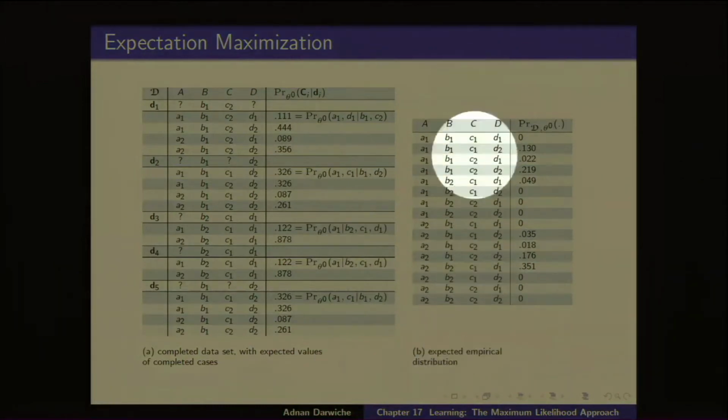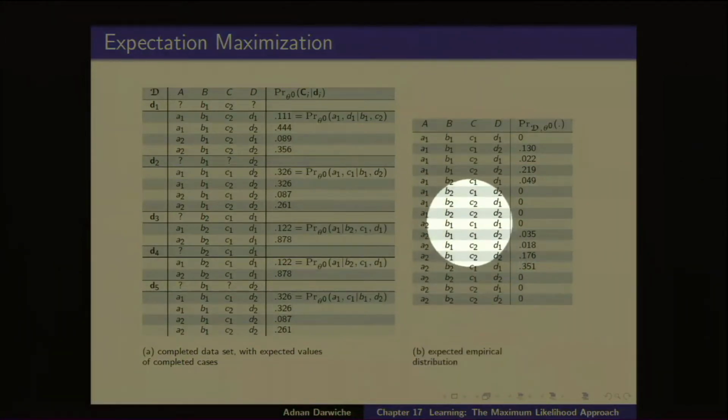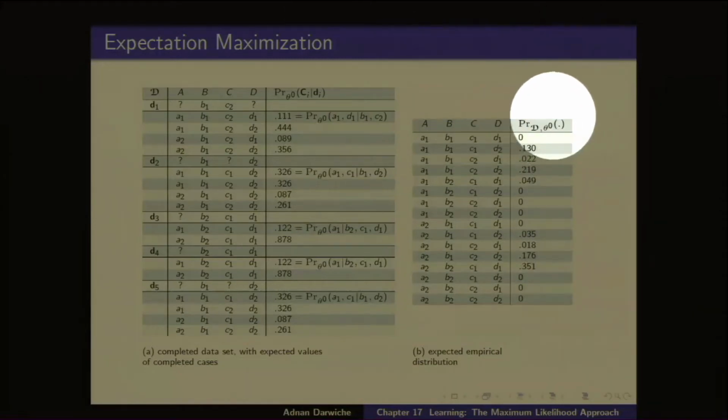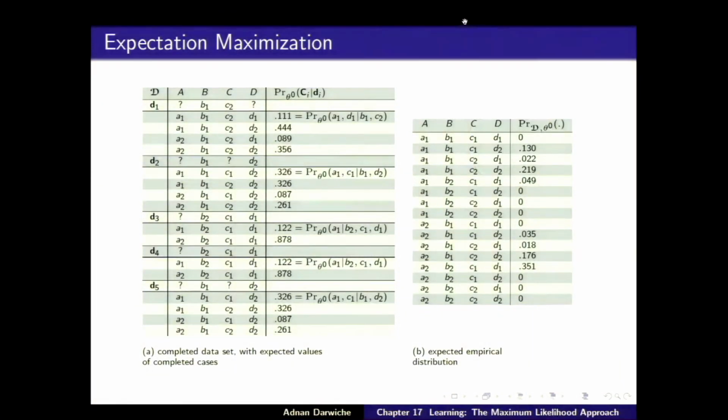And this is a function of what? Of 2 things: the data set, D, and the parameterization, theta sub 0. To get this, it's not enough to have a data set. You need a data set and a distribution to do the completions, to take an incomplete data set and turn it into a complete one. You see what's going on?